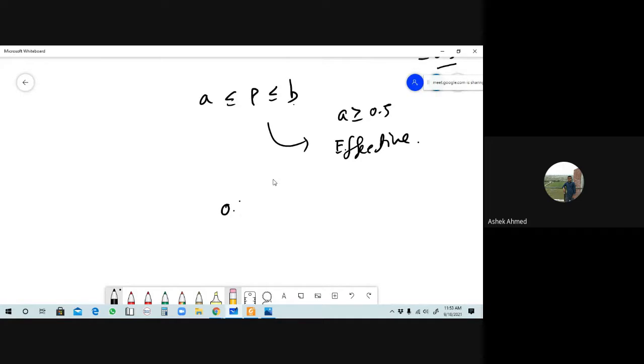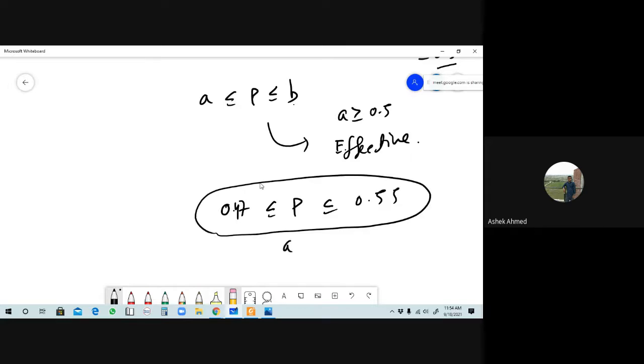this is 0.75, less than or equal to p, less than or equal to 0.5. In that case, what is the left end point, if you consider this formula, a is equal to p is equal to b.